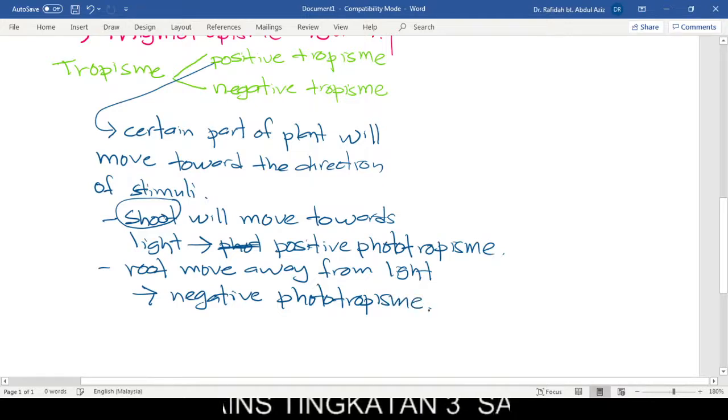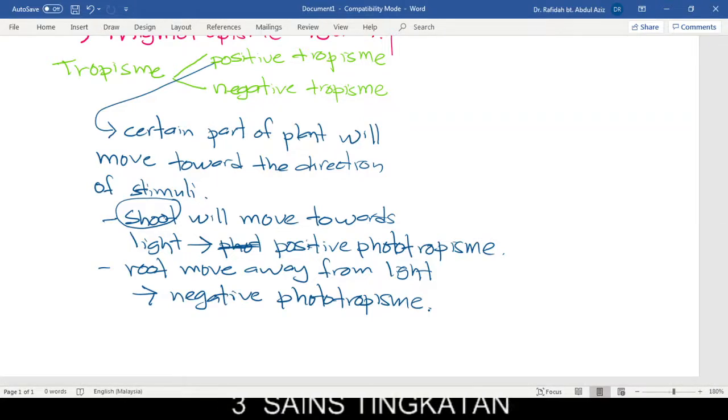Okay, so in any tropism, for example phototropism, we have two types based on the reaction or the responses, whether it moves towards the direction of the stimuli or away from the direction of the stimuli.